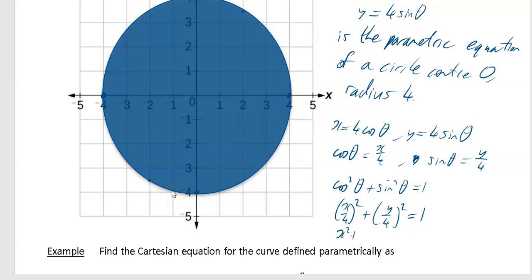Square the bottom line, you're going to get 16. And again, square the top line, you're going to get y squared. Square the bottom line, you're going to get 16. So multiply across by the 16. So you get x squared plus y squared equals 16. Now you should remember from your basic work on circles from last year, this is a circle, center of the origin and radius 4. So you can see it does actually work.